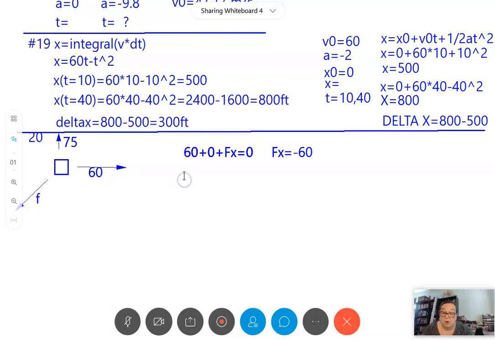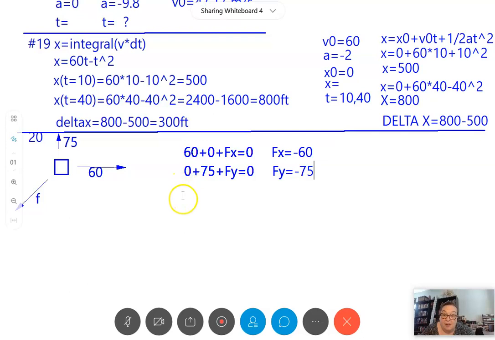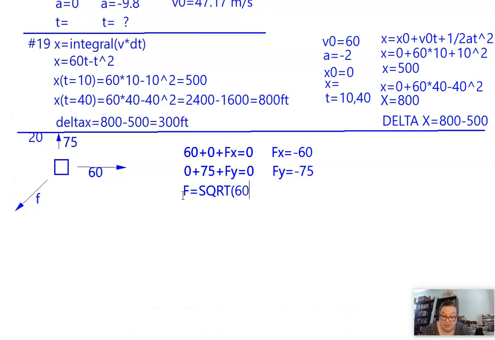And in the y direction, we get 0 plus 75 plus the y component force has to equal 0. That tells us that the y component force is equal to -75. Now, you might have jumped there already and didn't have to write that all out. But what that does tell you is that the magnitude of your force is going to be the square root of 60 squared plus 75 squared.